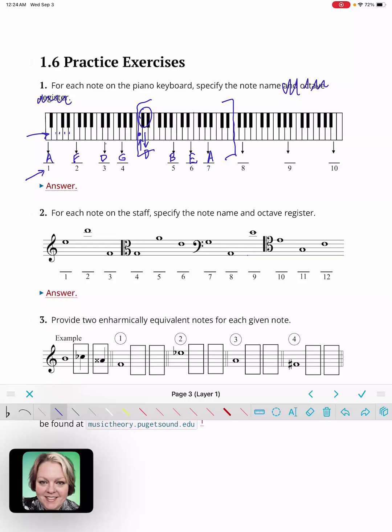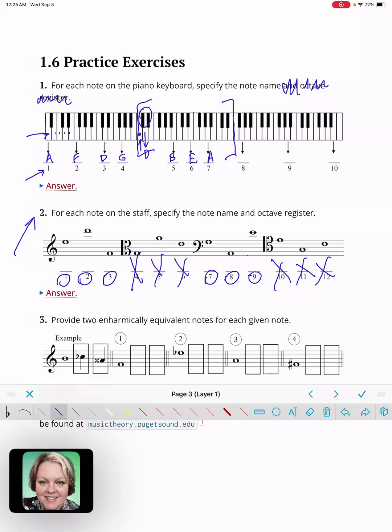Now, the next section down here, section 2, we will do 1, 2, 3, and 7, 8, 9. These other ones, 4, 5, 6, 10, 11, 12, are those other clefs that we briefly explored last week. We're not going to use them in this class, so we only need to do those six.